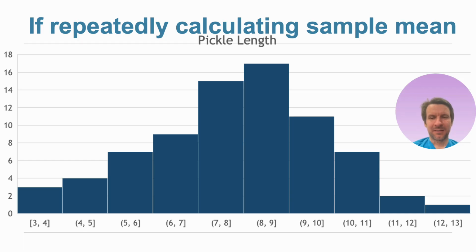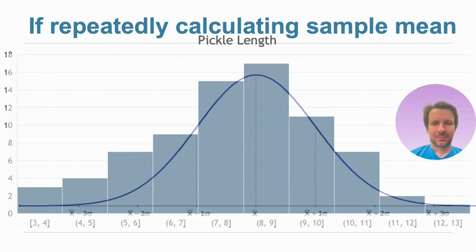So maybe if we have the pickles and we try to calculate the sample means of the pickles, and we keep creating more and more samples. We do the sampling once, then we do it again and again and again, then we would get this histogram.